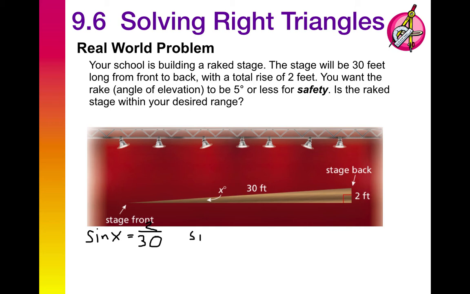So we have the inverse sine of 2 over 30. And if I do that, I come up with an angle, and the angle is 3.82 approximately. To be safe, we have to be 5 degrees or less, and we are less than 5 degrees. So this is a safe stage.